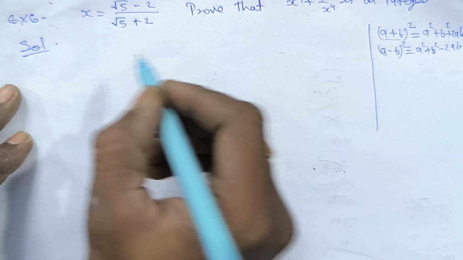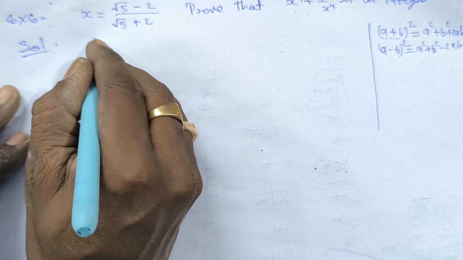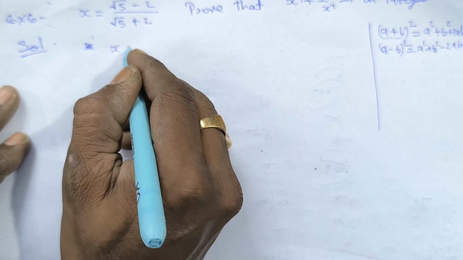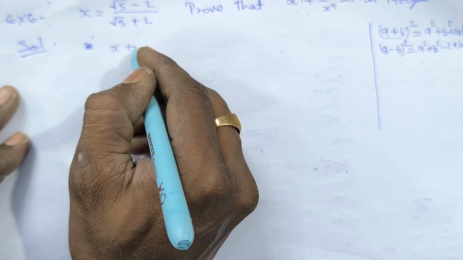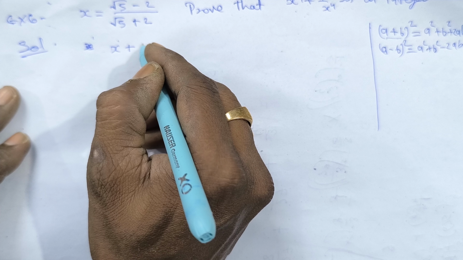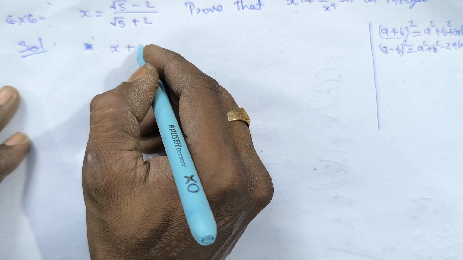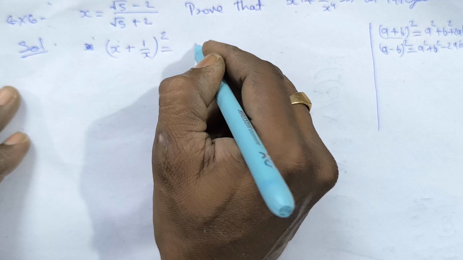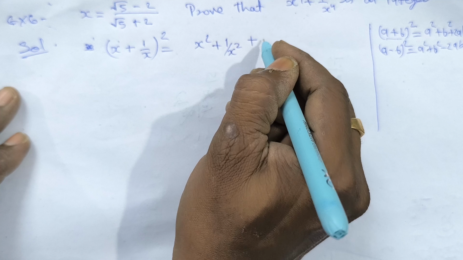First, we'll try to find this formula for x power 4. X plus 1 upon x whole square will be x square plus 1 upon x square plus 2.